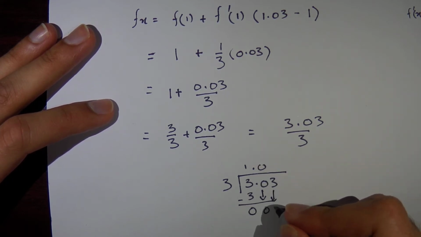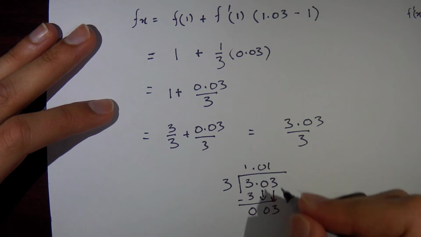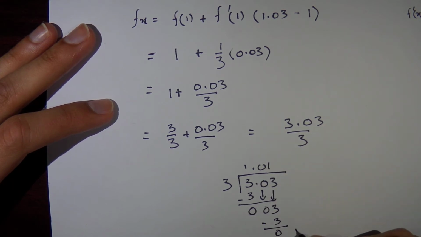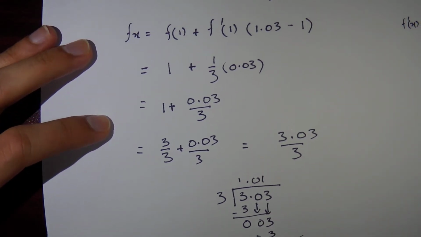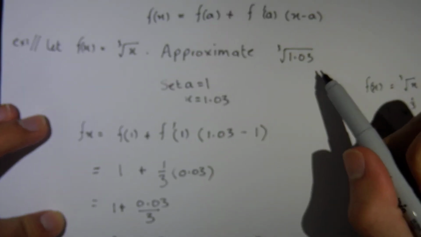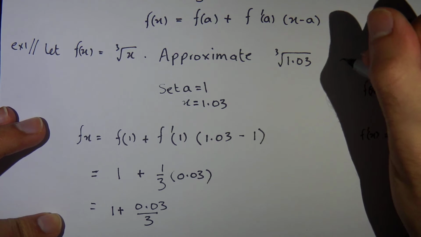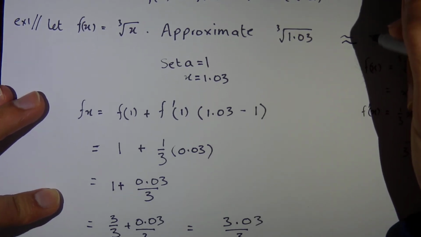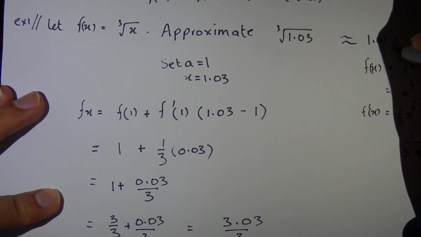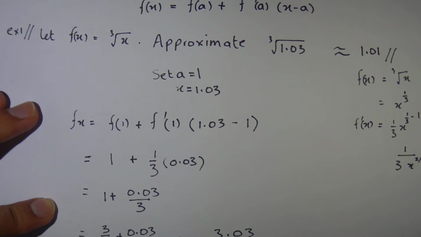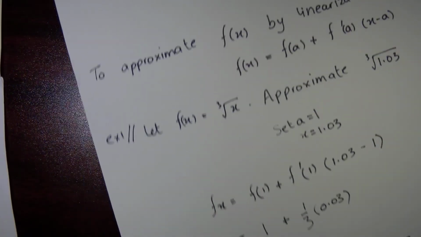Get the next number down. 3 goes into 3 once, and we have a remainder of 0. So the approximate value of the cube root of 1.03 is equal to 1.01. Pretty neat. So that was a straightforward example really on linearization.